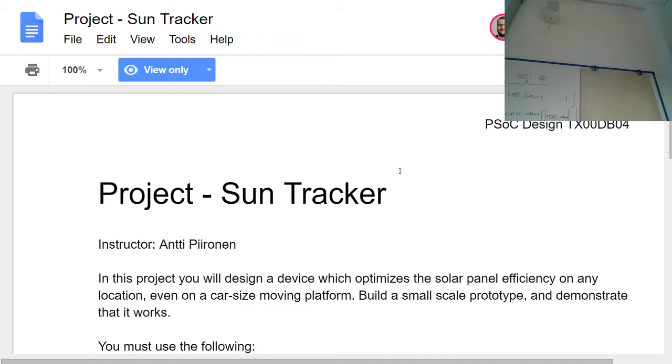If you want to be fancy, you might actually have three servos, two to rotate that one, and one just to adjust one of the angles for the other sensor. But anyways, this is up to you. There are so many ways of doing it. But you need more than two servos there. The minimum amount is three. Then you need the light sensor.